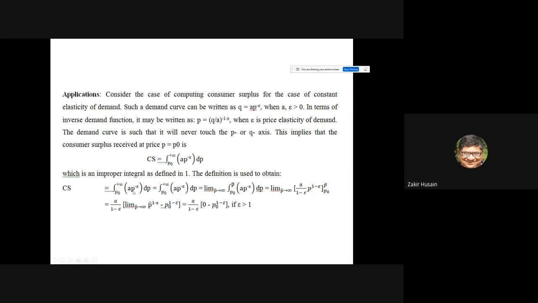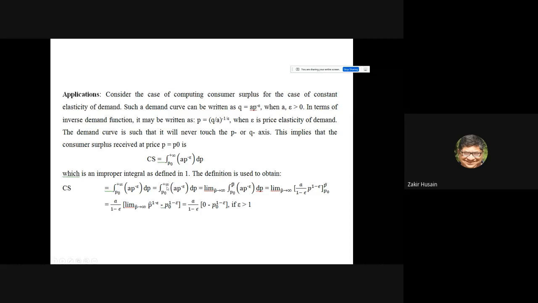So the consumer surplus is the integral from P0 to plus infinity. I've just written this. So this is the limit as p hat tends to infinity.